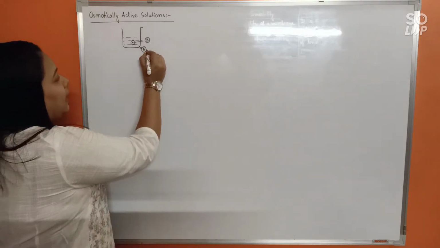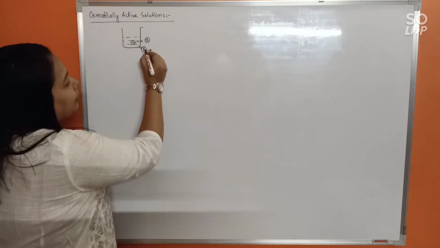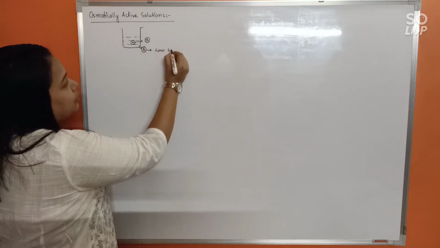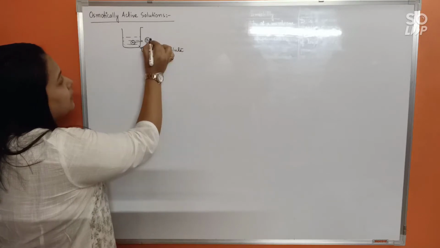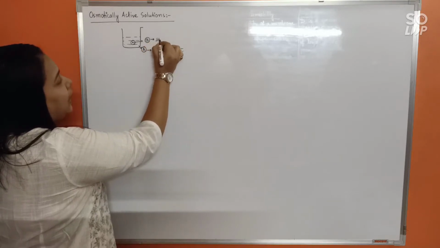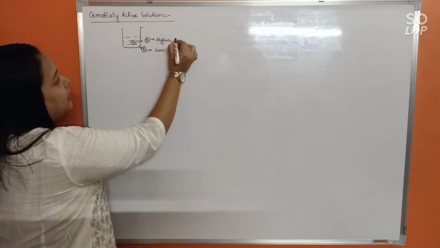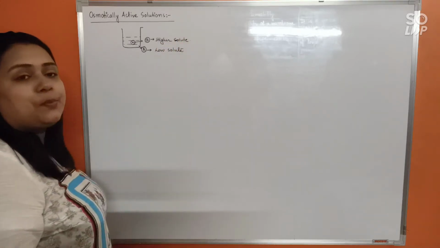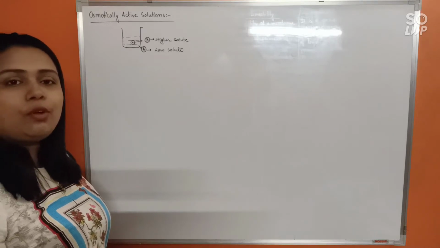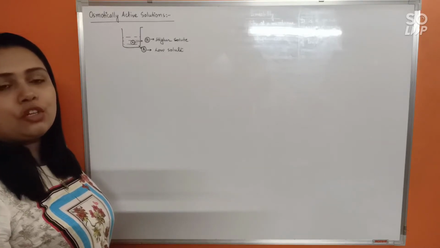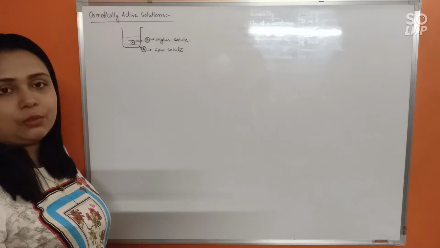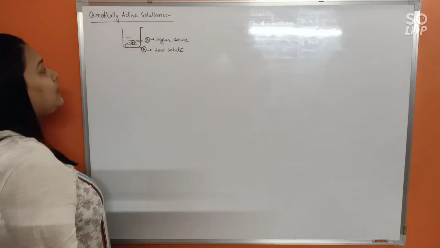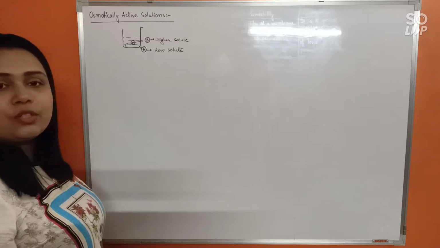Now, say here, solution A has lower solute, whereas solution B has higher solute in comparison to solution A. So now, as per the definition of osmosis, you very well know that water moves from a region of lower solute to higher solute, isn't it? So, water would start entering the cell via endosmosis.